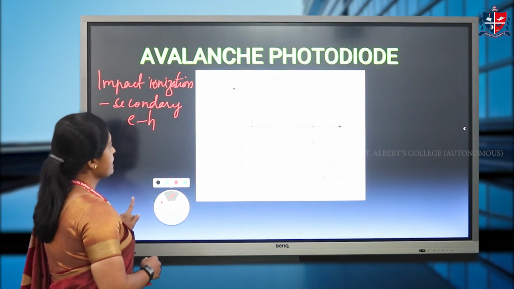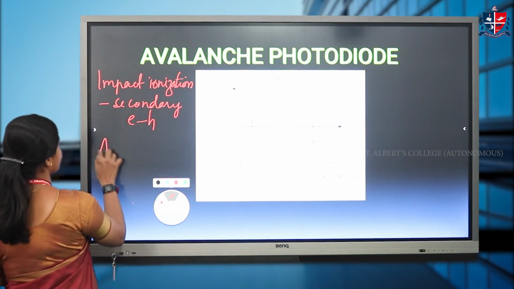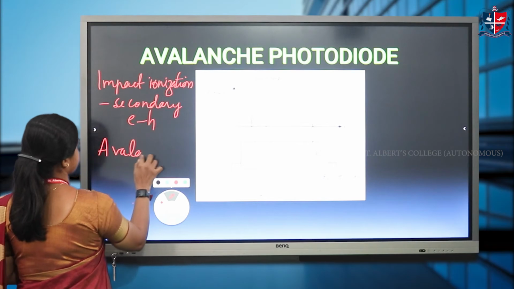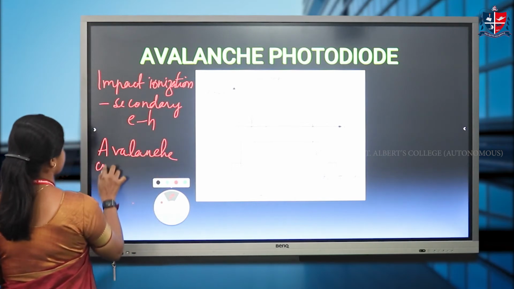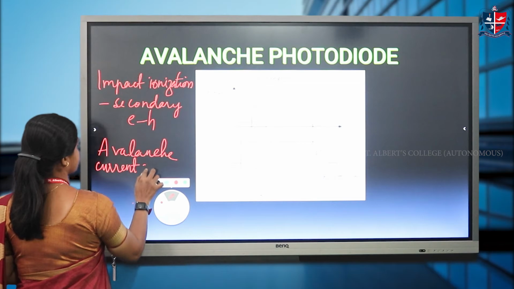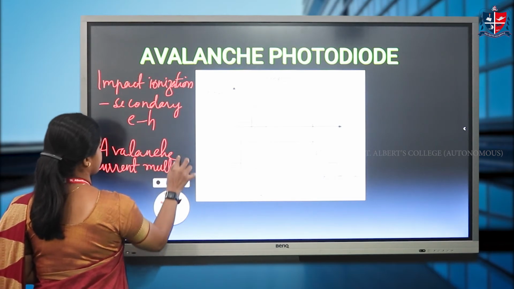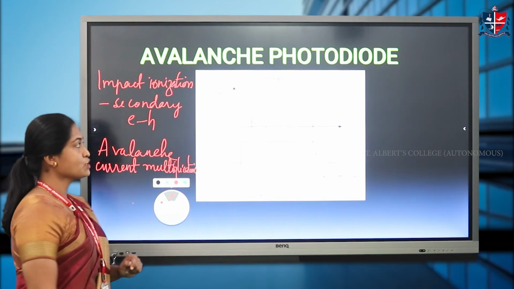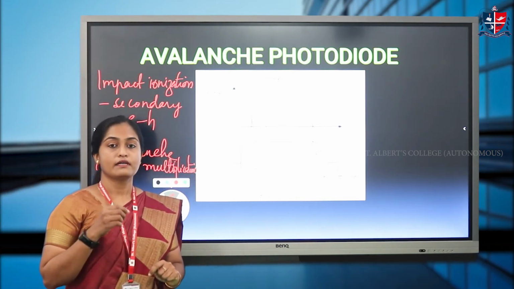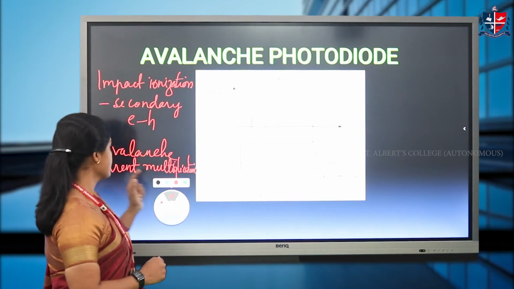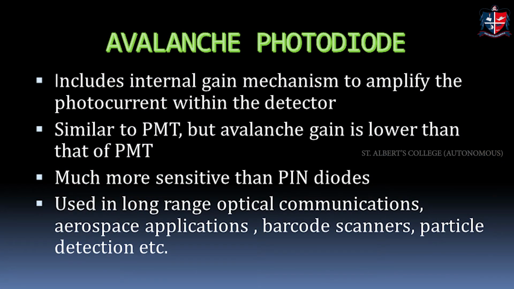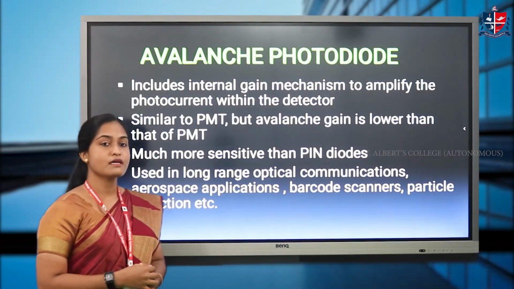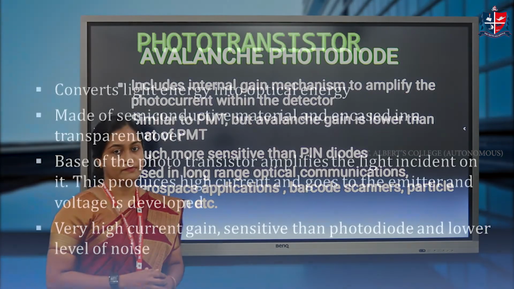The internal gain mechanism here is known as the avalanche current multiplication. This avalanche photodiode is used in various applications like optical communications, aerospace applications, particle detectors, etc.